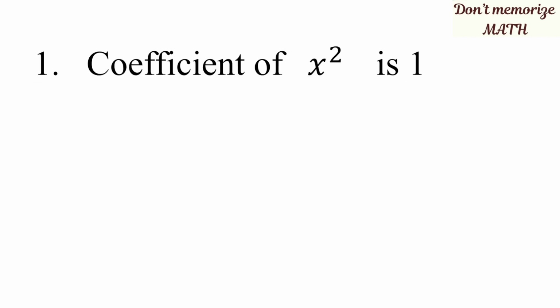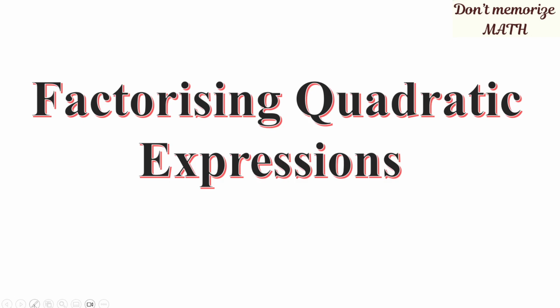Before starting I will tell you what we mean by factorization. I will give you one example. If you have (x plus 2) times (x plus 4), and you expand the bracket, x times x is x square, x times 4 is 4x, 2 times x is 2x, 2 times 4 is 8.